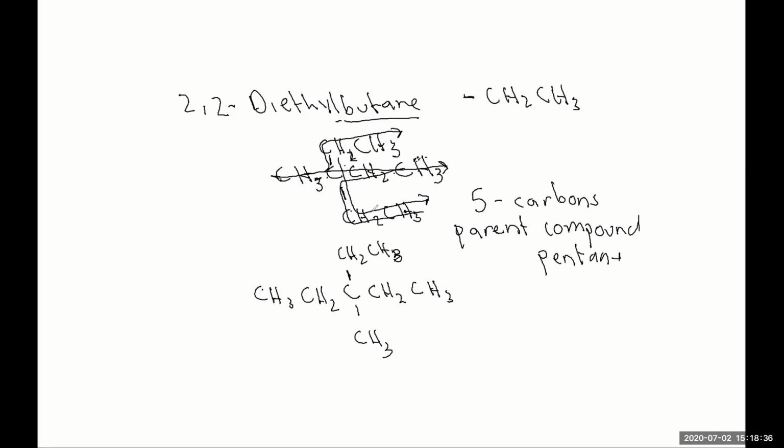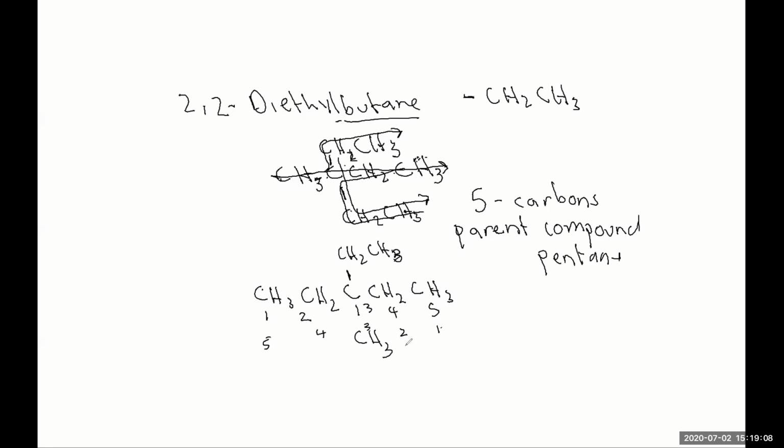This is correct too, but we won't make this mistake in the nomenclature, or we can understand why this nomenclature is incorrect. So in this case, if you've numbered here, you'd have 1, 2, 3, 4, 5. And if you numbered from this way, 1, 2, 3, 4, 5, both substituents are on the number 3 carbon atom, whichever way you go.